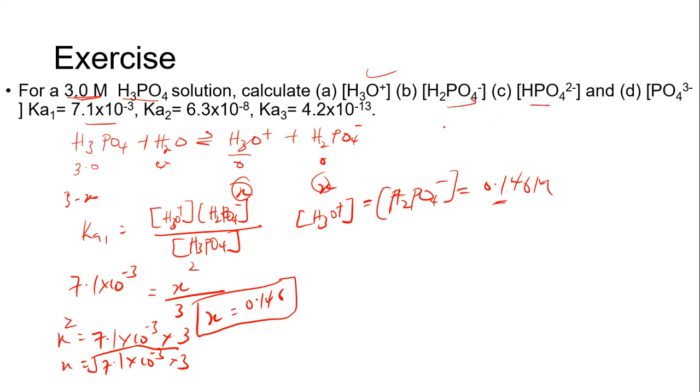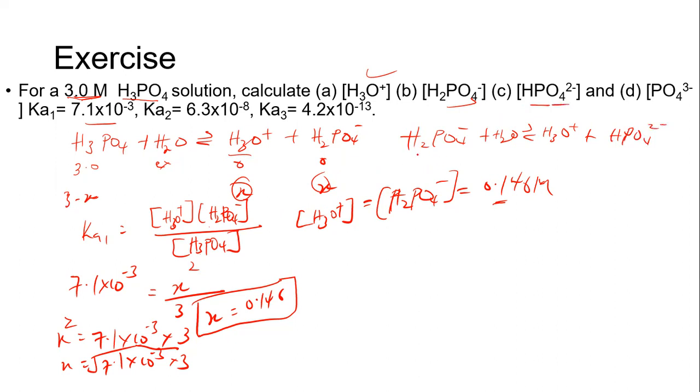Then the next one is HPO4 2 minus. So how do we go about that one? H2PO4 minus will also dissociate with water, and then it will give me the H3O plus plus the HPO4 2 minus. That's this one, right?